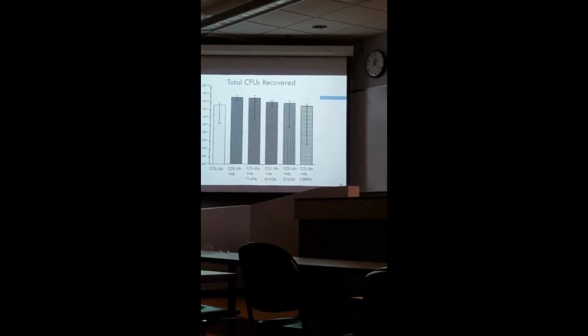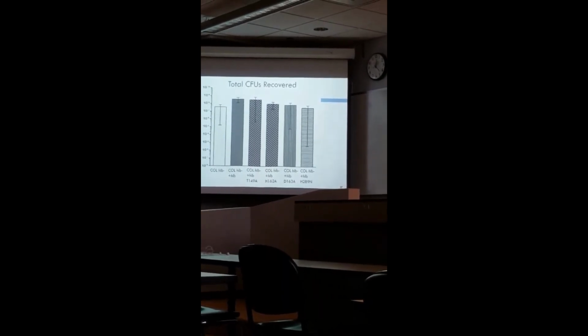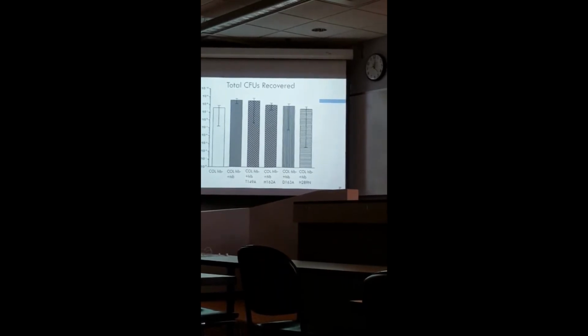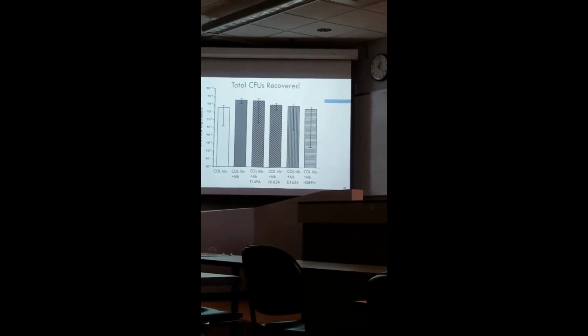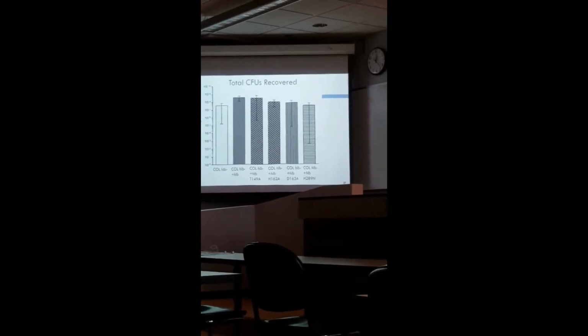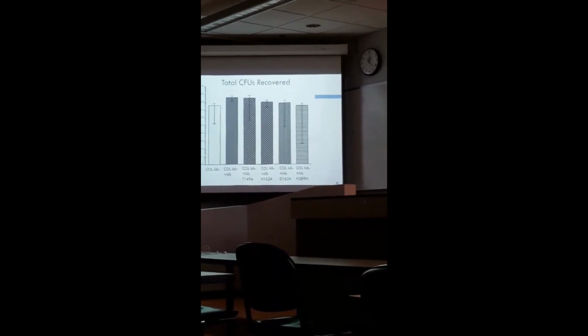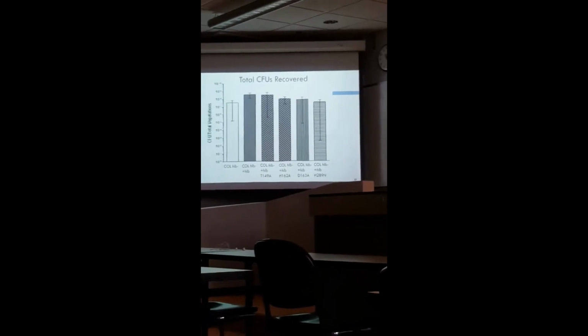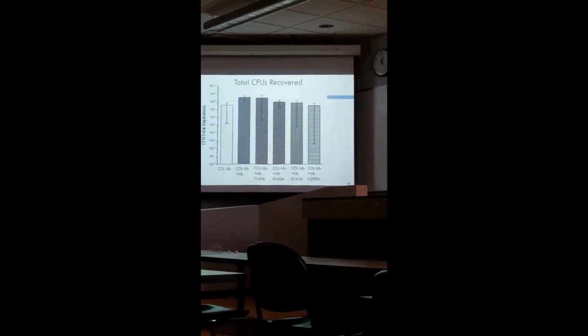However, even though the number of vegetations was so different, in the total colony-forming units there was no statistically significant difference in the number of colony-forming units counted from each of the samples.